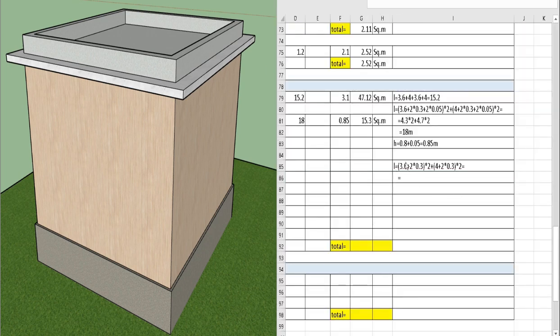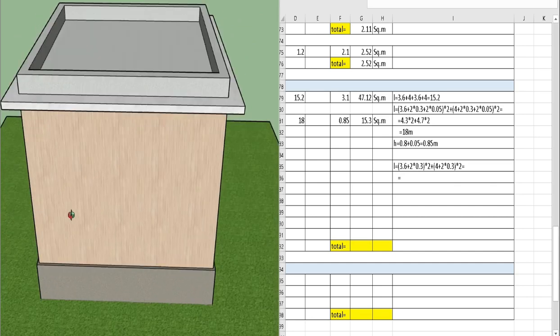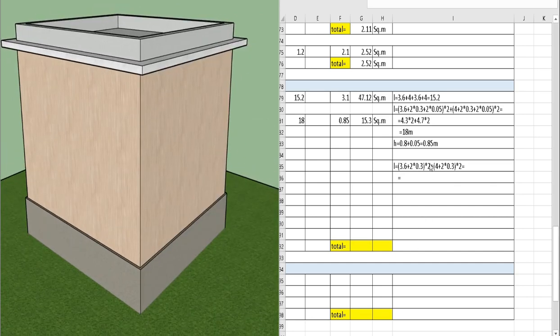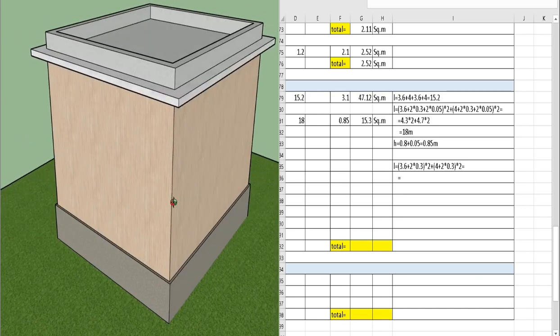So I can easily write this 3.6 inner dimension of this room plus wall dimension, that is 2 times of 0.3, and we have this wall from this side and also from this side, so I can simply multiply by 2. And again the 4 meter is the inner dimension of this side and 2 times of 0.3 means the width of the wall, and I can simply multiply by 2 because I have the same length from this side as well as from this side. So our total length is 17.6.